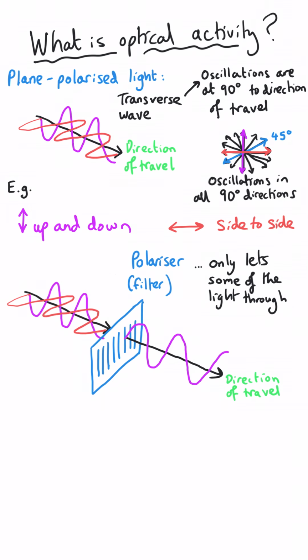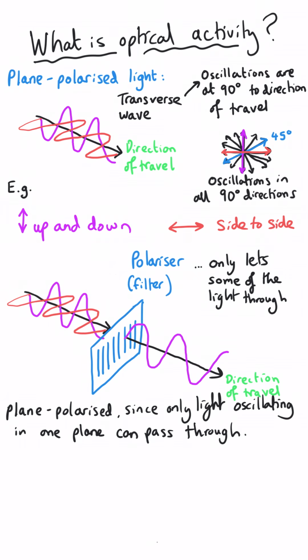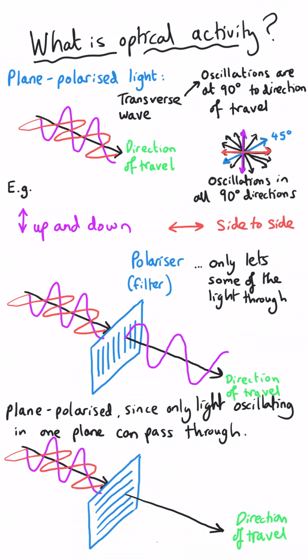And we say it's been polarised because only the light which is travelling in a certain direction will pass through the filter. The filter could also be horizontal, and that will only let light through that is oscillating horizontally away from the direction of travel. So in other words, it's oscillating side to side as the light travels along this line.